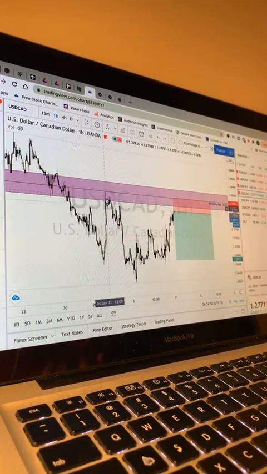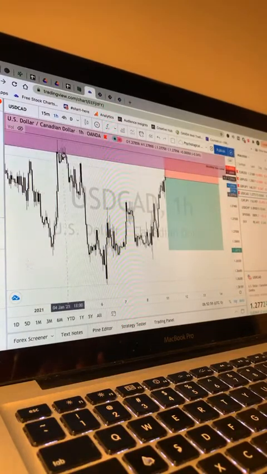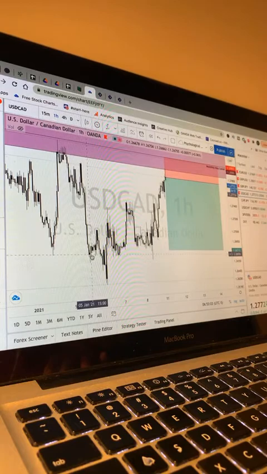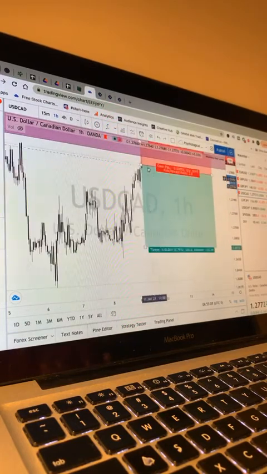I'm trying to look at past price action at this level. Past price action at this level, it's played around in this area before going to the downside. But I am going to be looking for the sell opportunities all this week. I probably will.